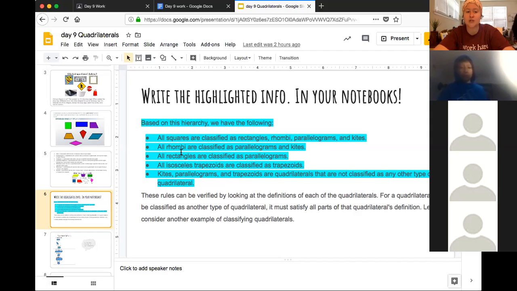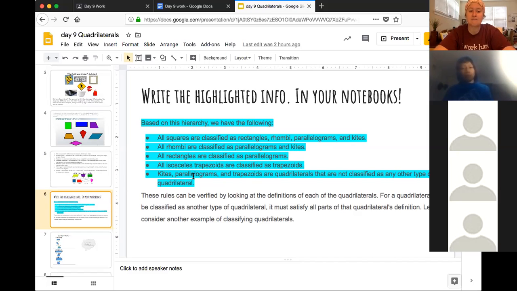All rhombi, again plural for rhombus, are parallelograms and kites. Okay. All rectangles are also parallelograms. All isosceles trapezoids are still considered trapezoids. So that means no matter what the sides look like, if the sides are kind of at an angle or if one is straight, they are both considered a trapezoid.